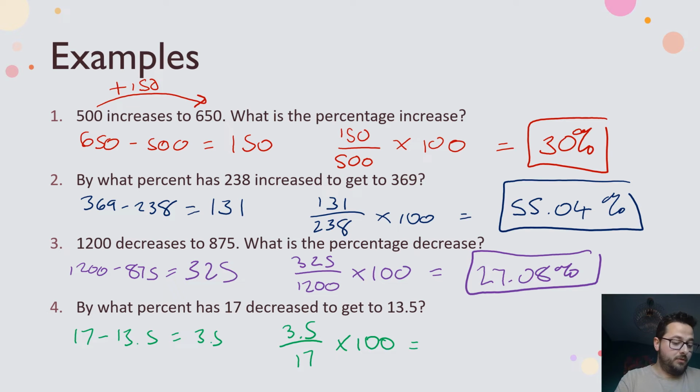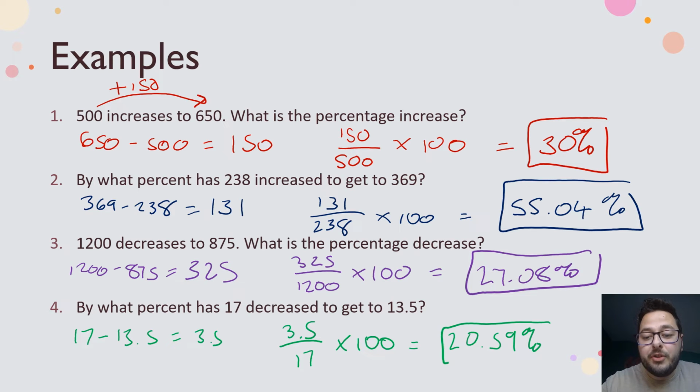So that was 3.5 over 17 times 100, and we get 20.59% to 2 decimal places. All right then, and we should be writing that these are to 2 dp as well. So let's just do that for these as well.